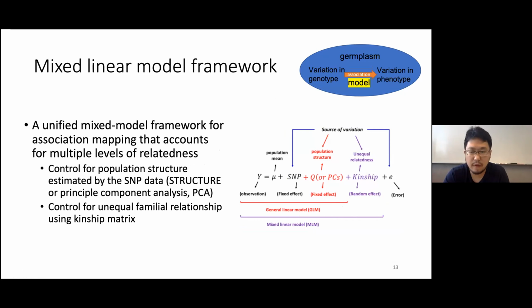You can fit the population structure as a fixed effect and kinship as a random effect. By fitting these factors in the mixed model framework, you can control for the relatedness that could lead to false positives in the model.